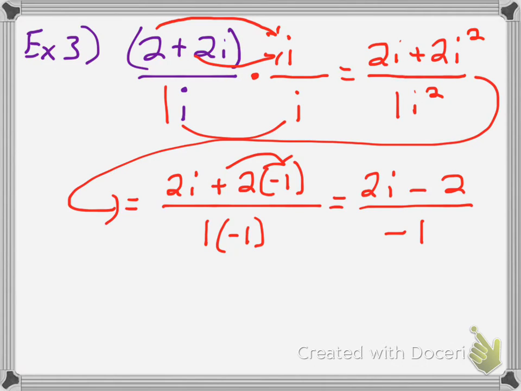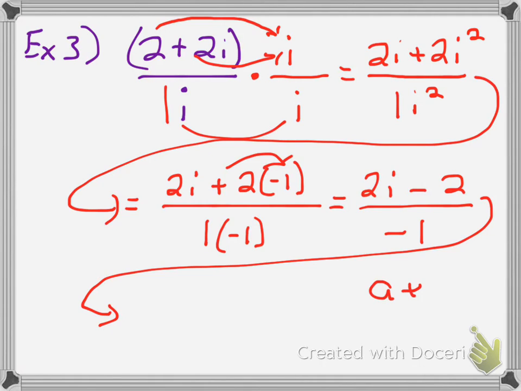Now what I'm going to do is rearrange it. I want to put it in complex form if it's a complex number. That means, as a side note, we want it in the form a plus bi. That's a complex number.